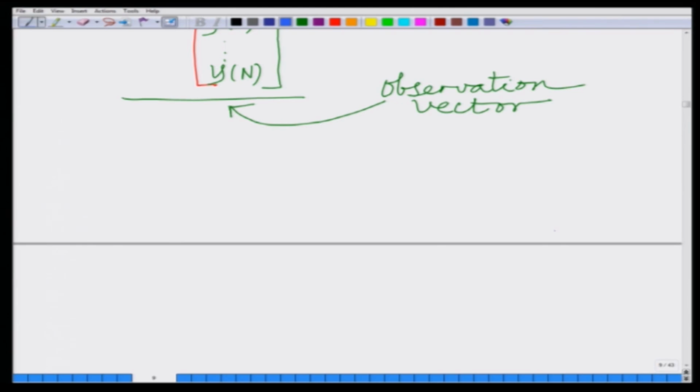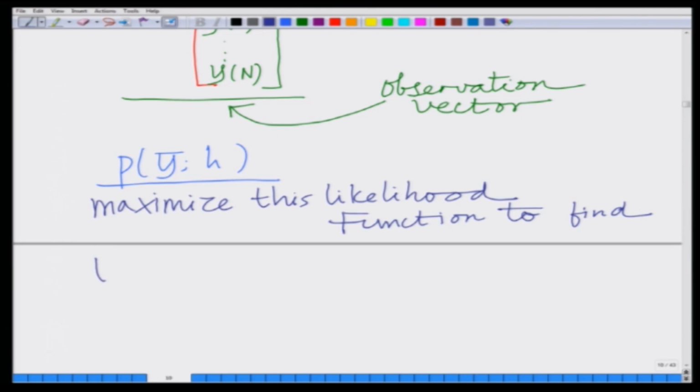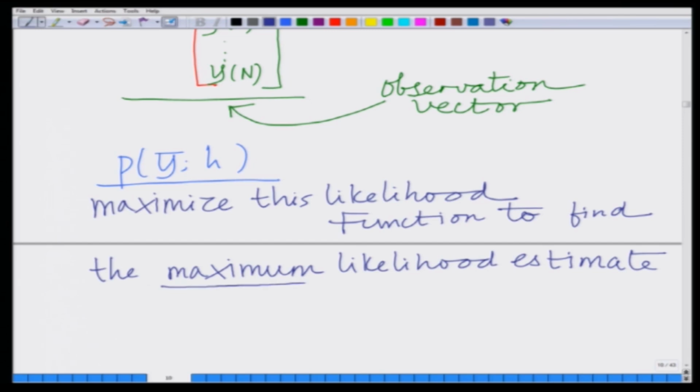And now we would like to maximize this likelihood function P of y bar; h, to find the estimate which is termed the maximum likelihood estimate, in short denoted by ML.